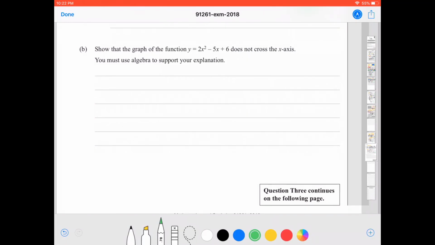Show that the graph of the function y equals 2x squared minus 5x plus c does not cross the x-axis. You must use algebra to support your explanation. Okay, so we see a question that talks about roots. It says does not cross the x-axis, and that's another way of saying no roots, or no real roots.